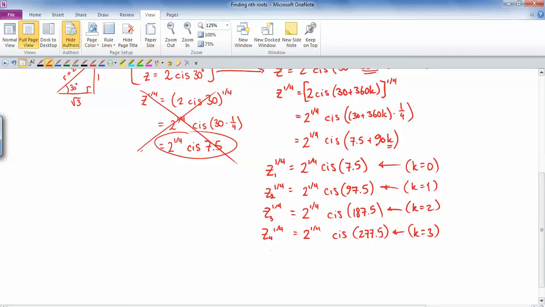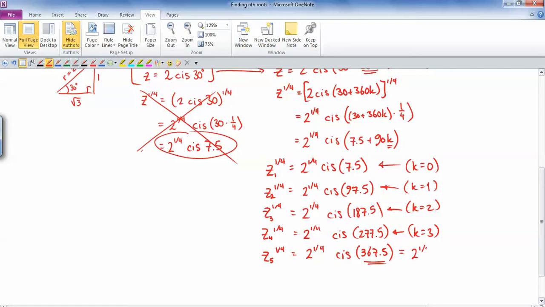Well, if we kept going, we're supposed to get 4 different answers because it's fourth roots. But if we tried a fifth one, 2 to the 1/4 CIS, if I added another 90 in here, I get 367.5. And if you think about that, I could subtract 360 from this and I'd still be in the same location in terms of the theta for cosine and sine.